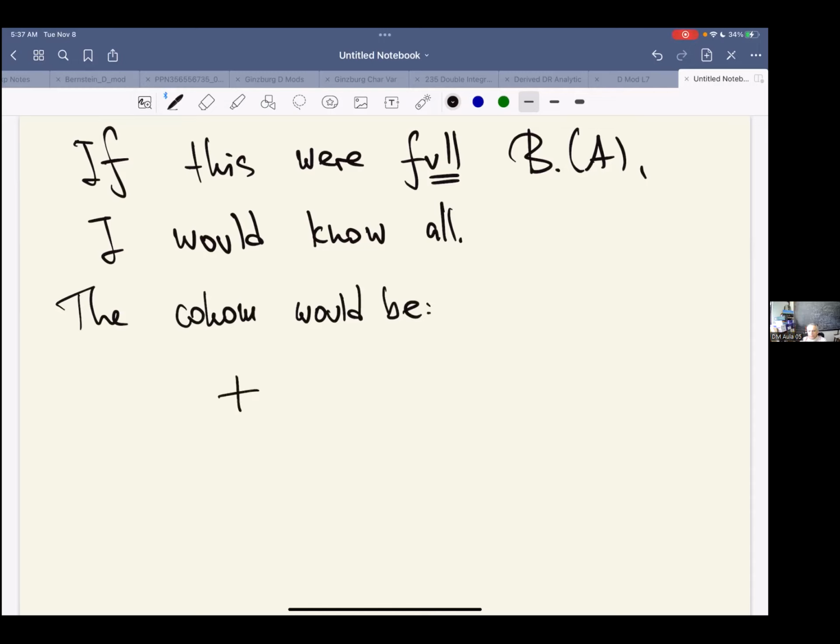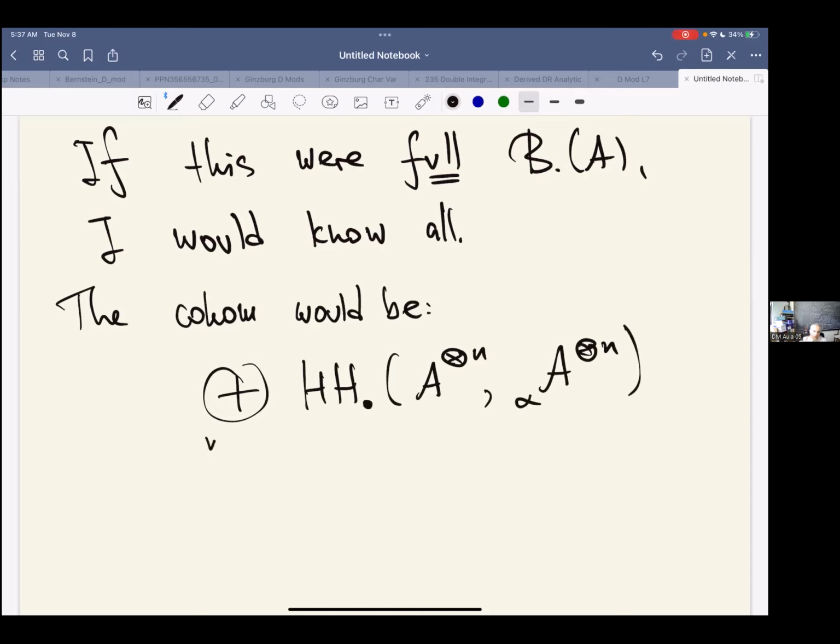The cohomology would be, yes, it would be the Hochschild cohomology, but not of A, rather of A tensor N, and it would be twisted by cyclic shift.